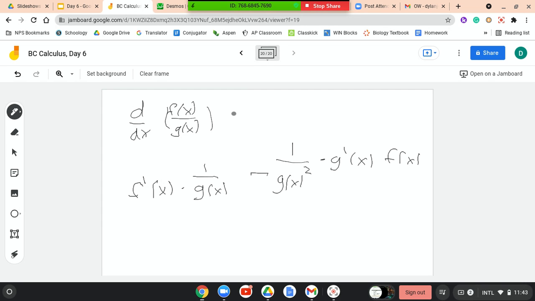Yet again, remember that we rewrote this as f of x times 1 over g of x. This allows us to use the product rule. The product rule tells us that it's going to be the derivative of the first one times the second function. That's what this term is. Plus the derivative of this function times this function. And remember, we said the derivative of this function is this.